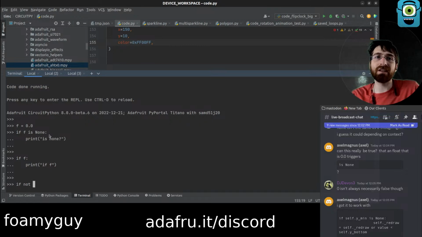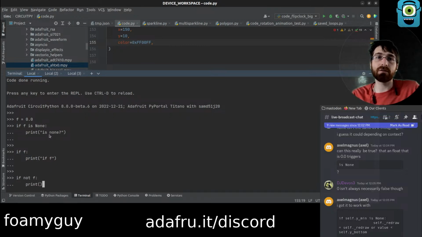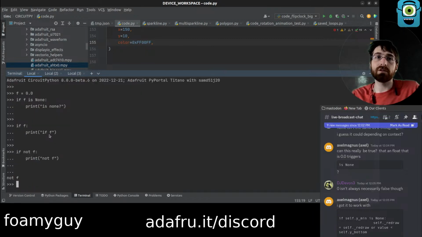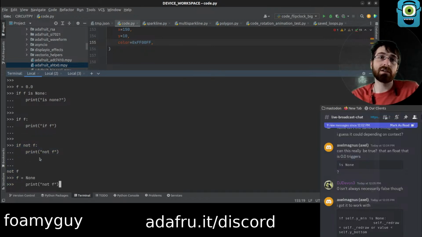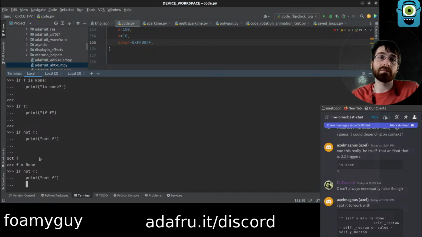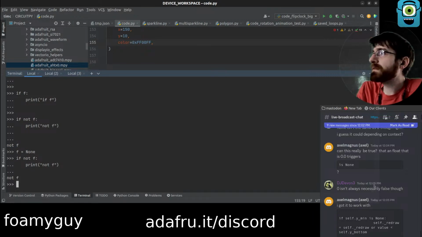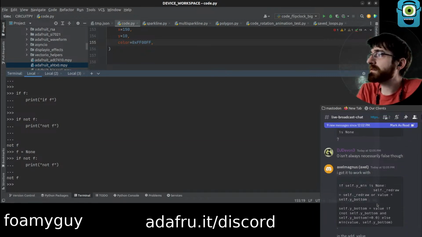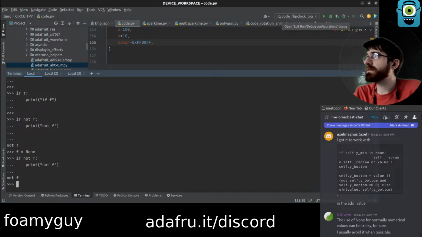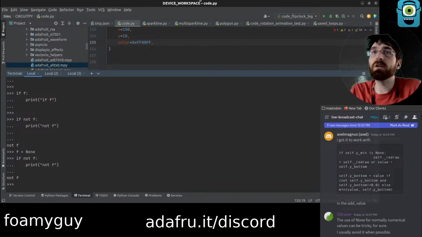If you go if not f, which is a bit more awkward, that one executes. And that one executes the same. If f was actually none, and you ran this one, then you get the same behavior as if it was 0. Still executes. 0 isn't always necessarily false, though. Got it to work with ymin is none.